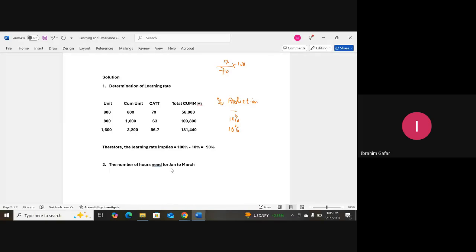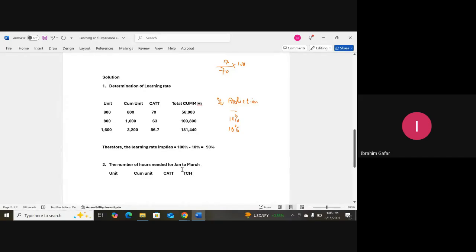It will now be units, cumulative units, cards, which is the cumulative average time, total cumulative hour.